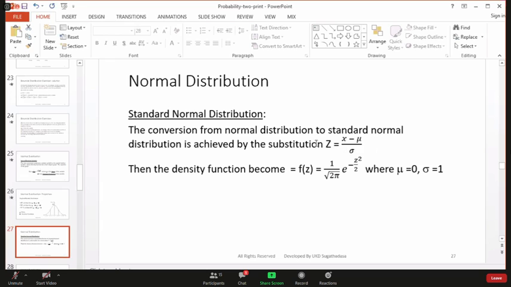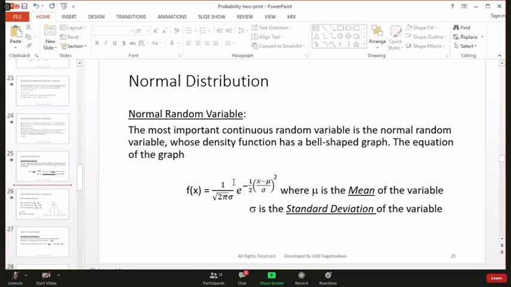See? How does Z become x when mu is 0 and sigma is 1? That is the case we consider, remember. When mu is 0 and sigma is 1, the earlier formula, this formula, x minus mu by sigma becomes Z now.